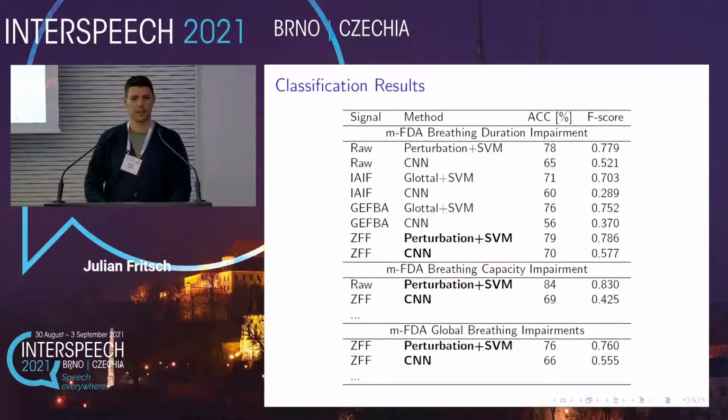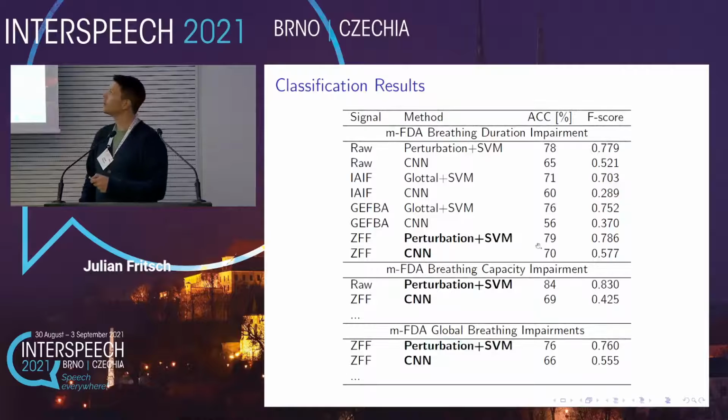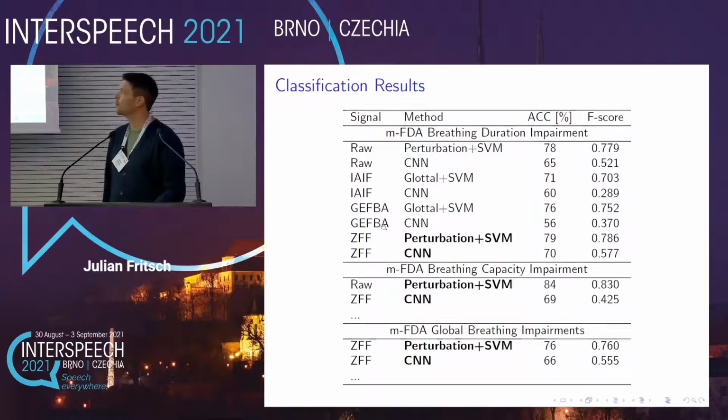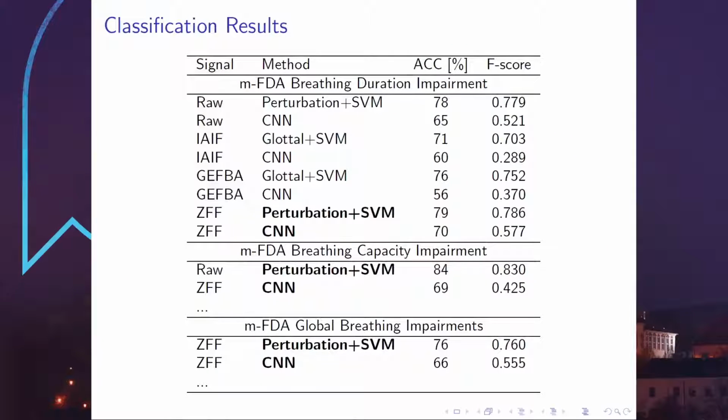Regarding the results, in this table I put all the experiments that we conducted. On the left you can see the signals: raw waveform, IAIF, GEFBA signal, and ZFF signal.